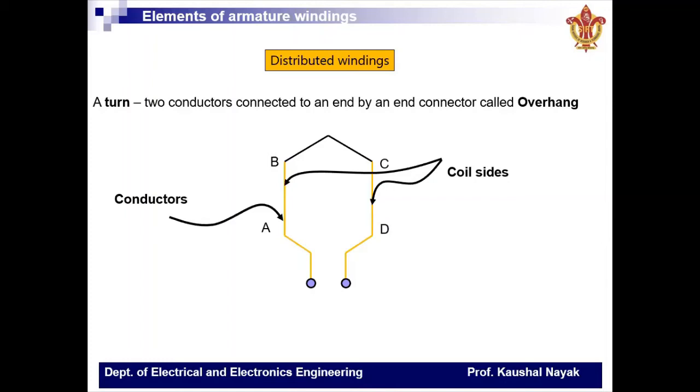This part is also called as overhang. Conductors AB and CD for this turn are also called coil sides.